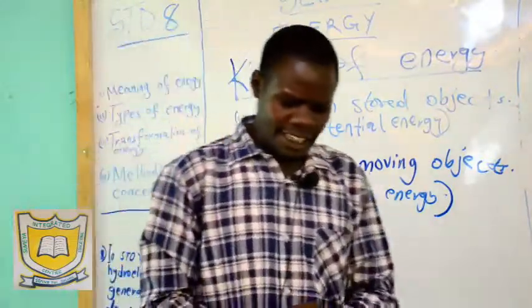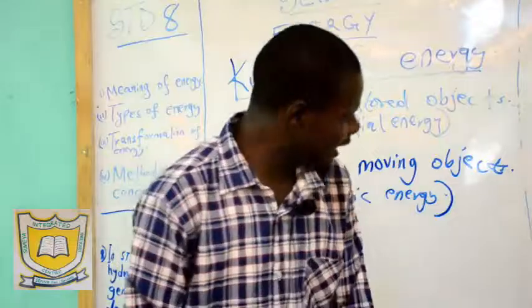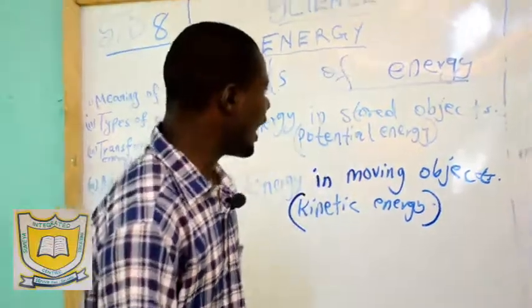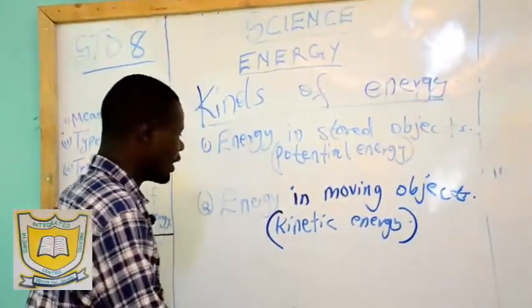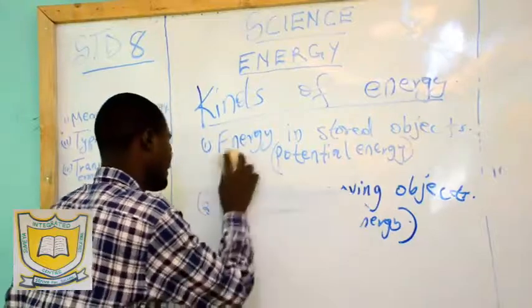Now, what are some of the examples of energy in stored objects, and what are some examples of energy in moving objects?